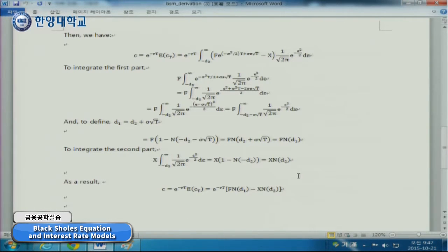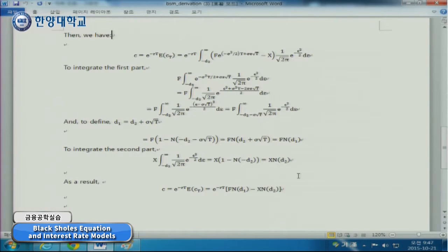This is called the Black-Scholes formula, or equivalently the Black formula. Black formula means it values an option in which the underlying asset is a forward contract. It is an option on futures, right? Because we have F, which is the futures price.